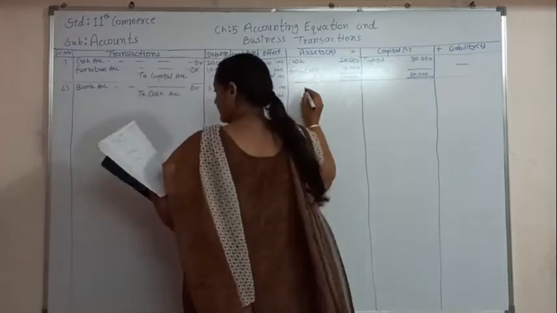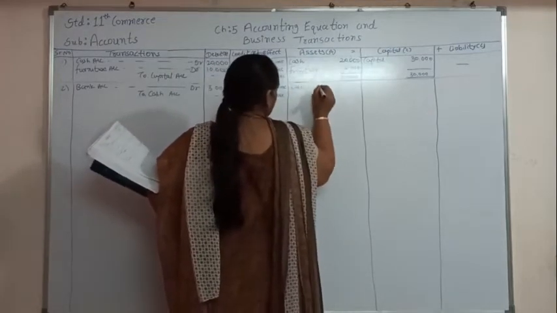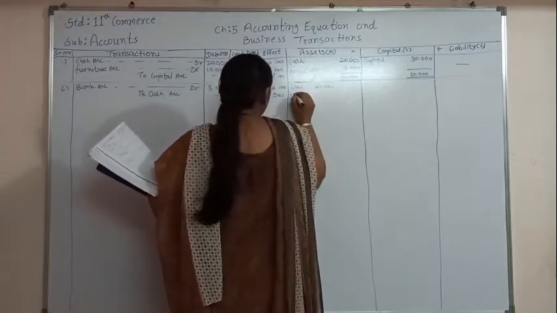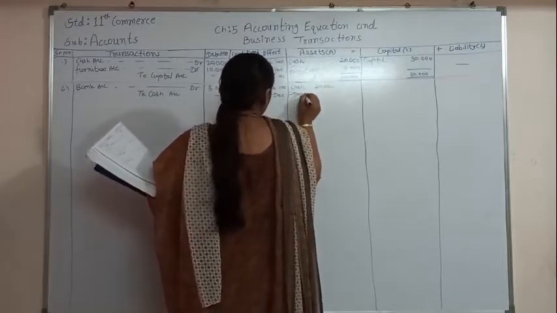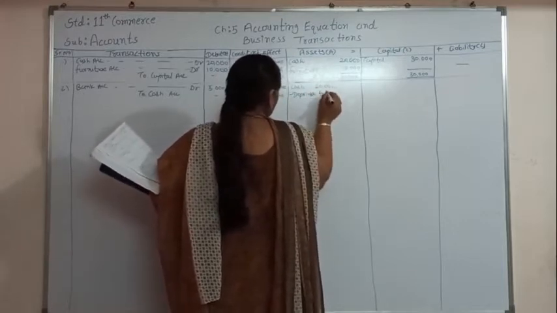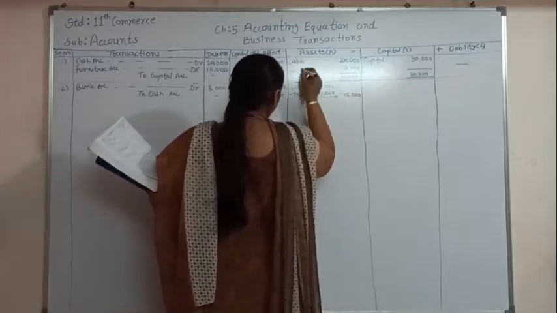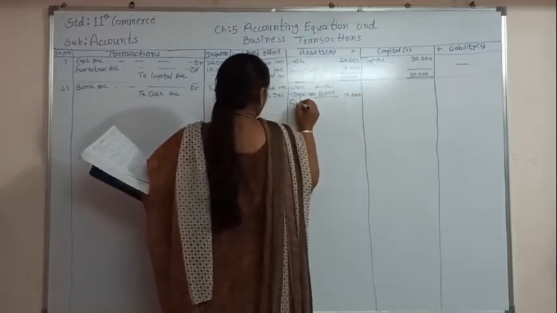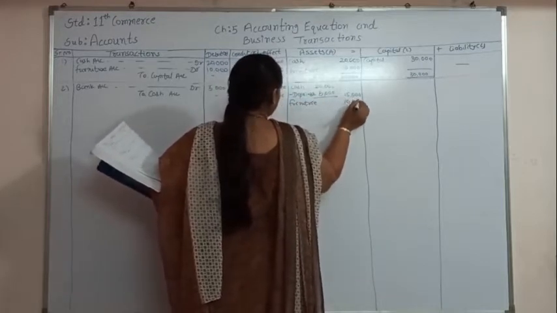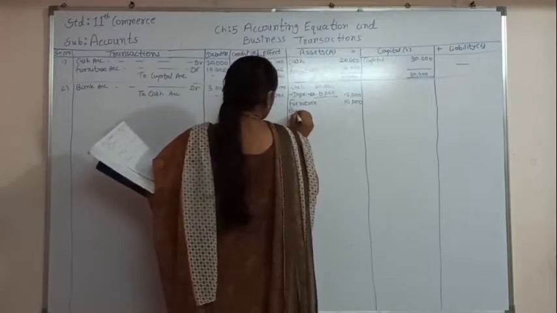So here very first cash is of 20,000, from 20,000 minus deposited in bank, and it is 5,000. So remaining cash will be 15,000. Then there is a furniture. So furniture is of rupees 10,000, and again we can see that there is a bank balance.